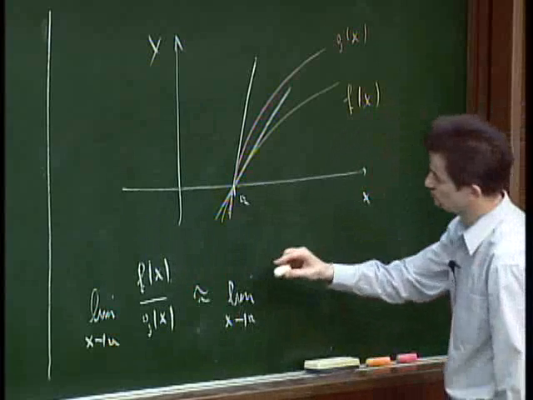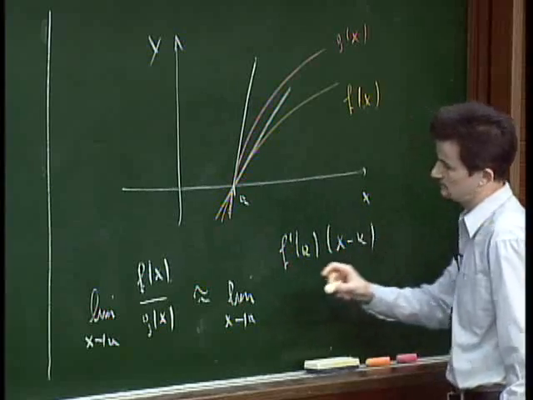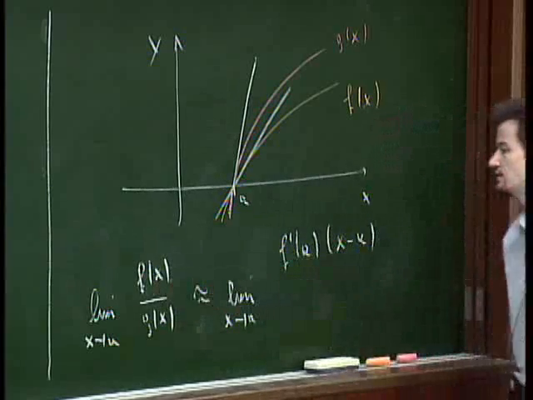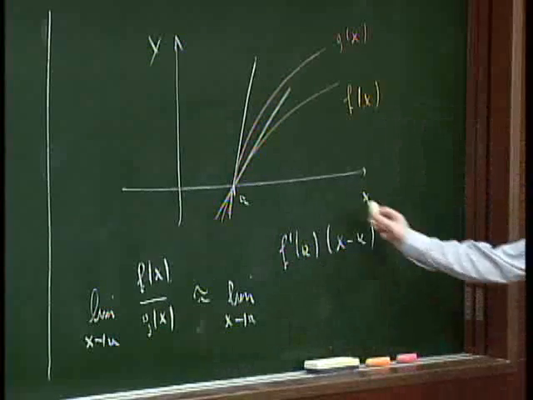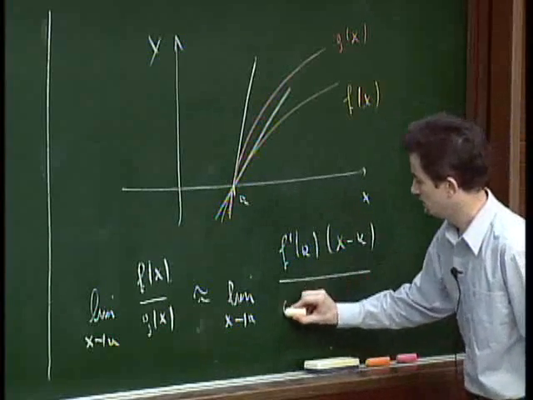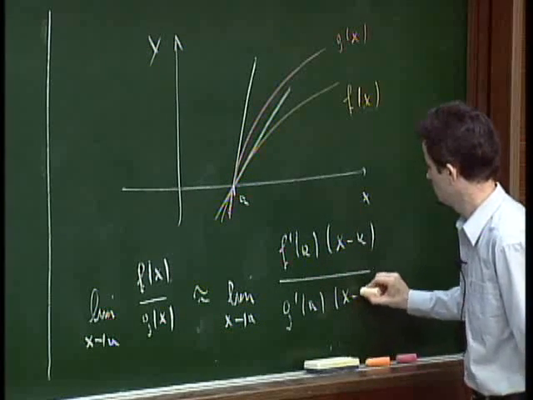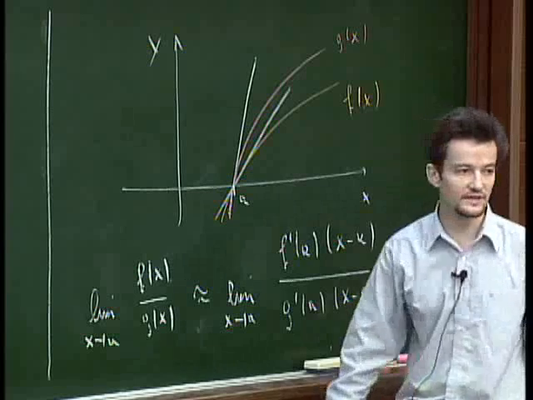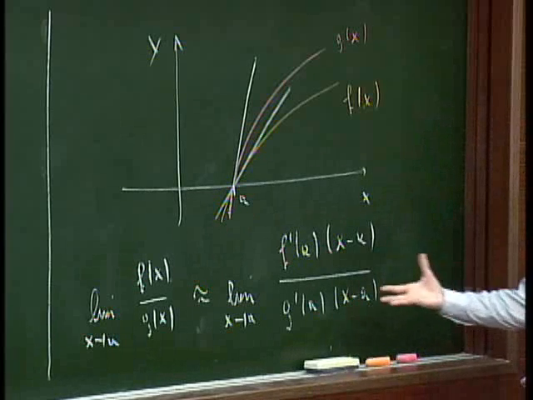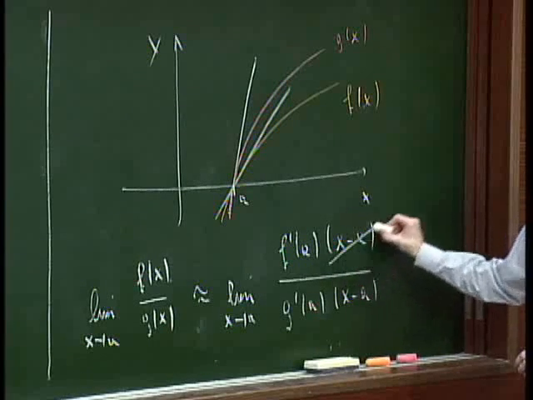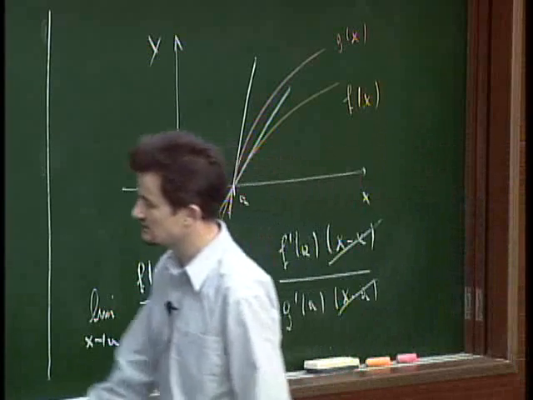And in this situation, the tangent to f at the point a is given like this here, over the tangent to g at a. Okay, now you can see that if you look at things like this, you can erase the bad guy here, and what remains is just this limit here.